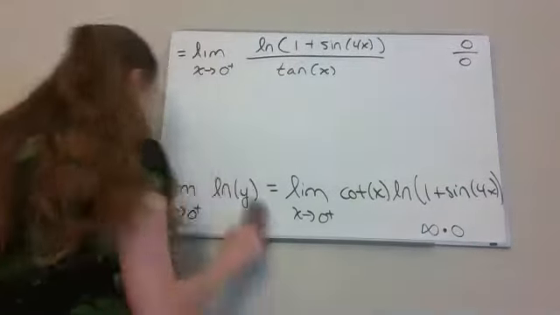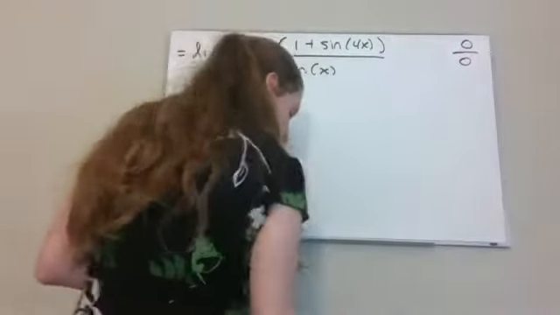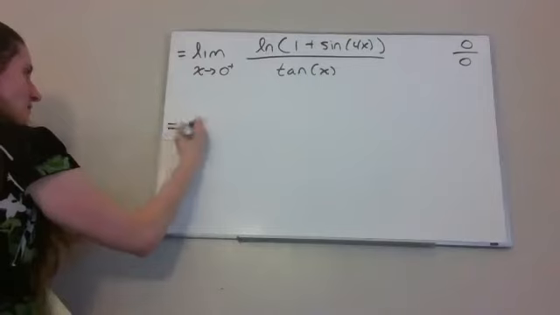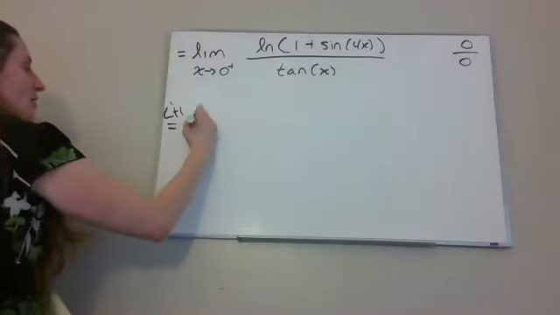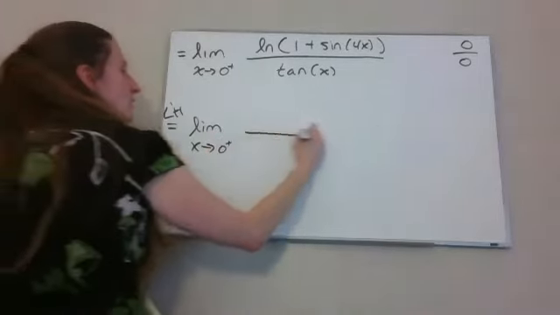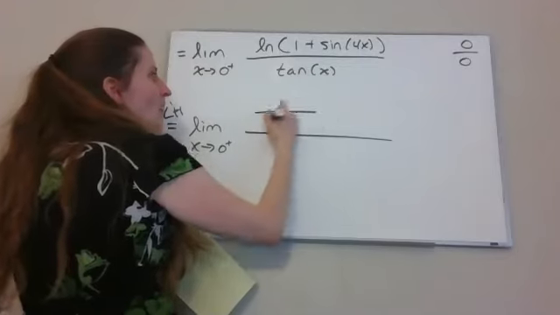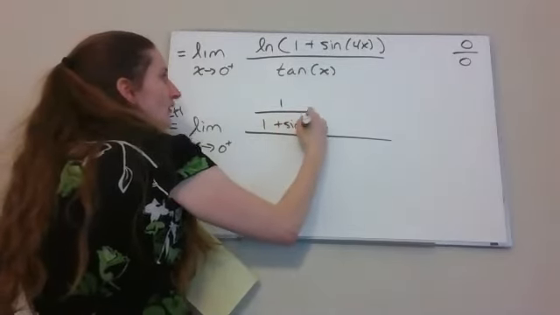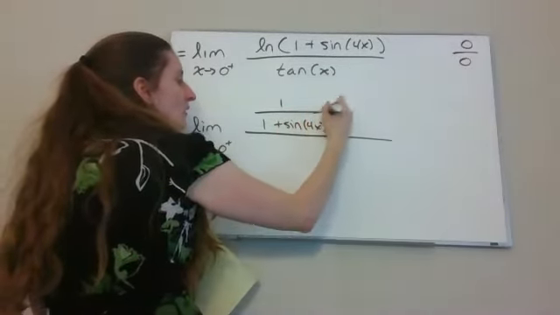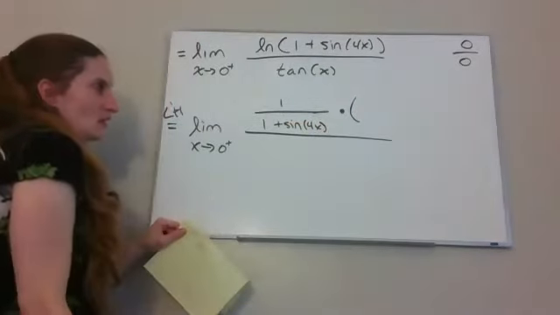Now, to take these derivatives, you're going to need a chain rule for the derivative of the top. So using my L'Hopital, the derivative of the top is 1 over the stuff in the parentheses times the derivative of the stuff in the parentheses.